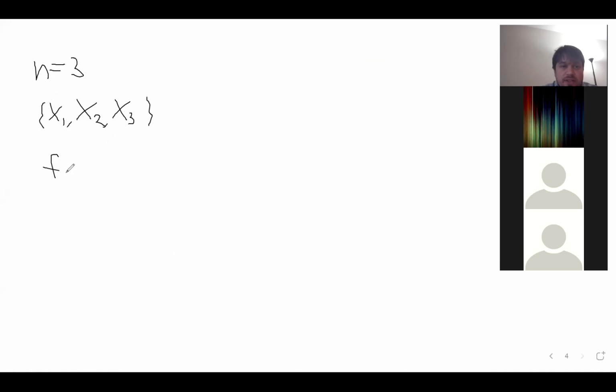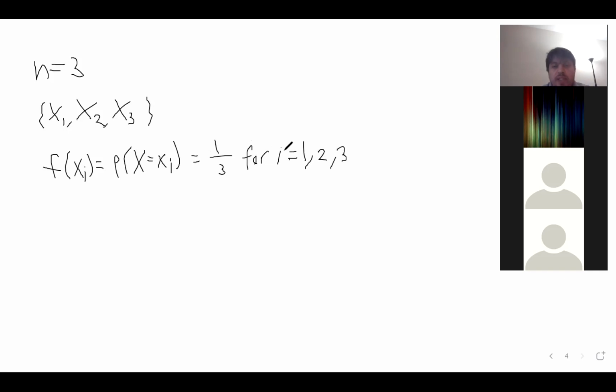So f of x sub i, which is equal to the probability of capital X equaling one of those x values, is equal to 1/3, for i equals 1, 2, or 3. There's 3 values. The probability of getting one of these 3 values is 1/3. That's all that's saying. Very simple.